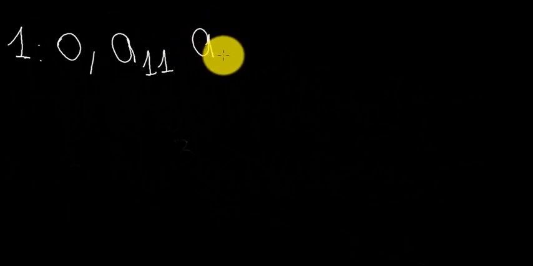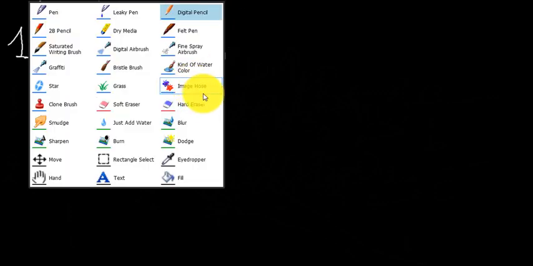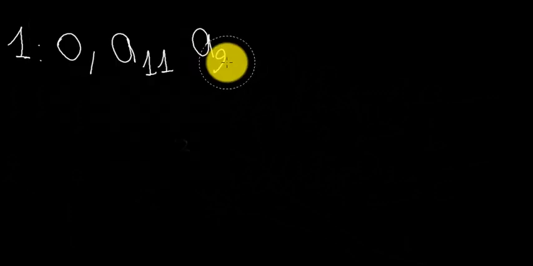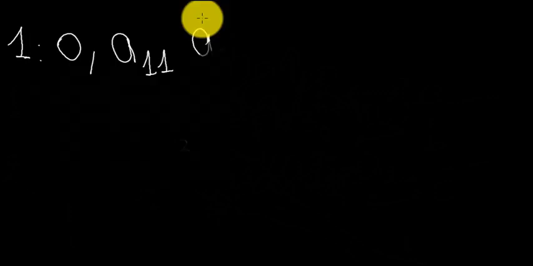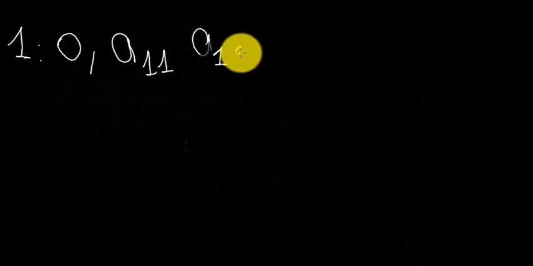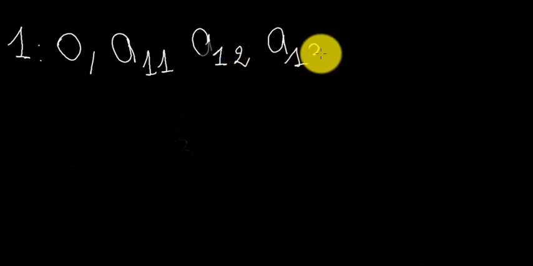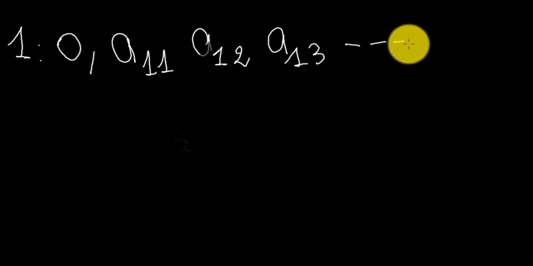The second one is A12, so the first row, second column, then the third element A13, and so on until infinity.